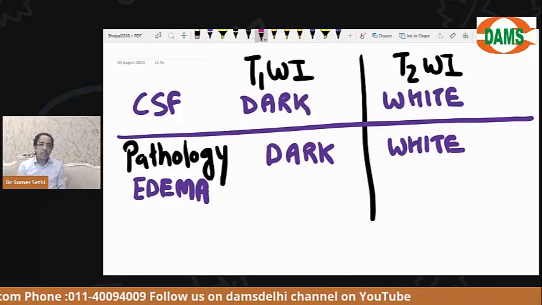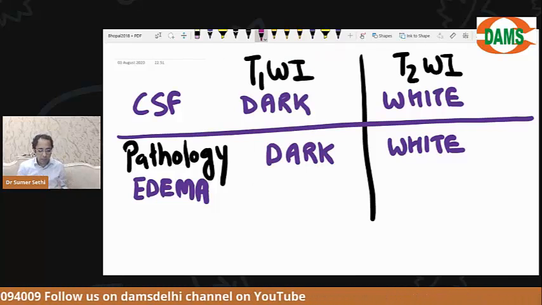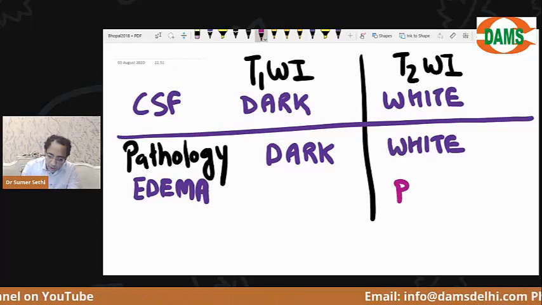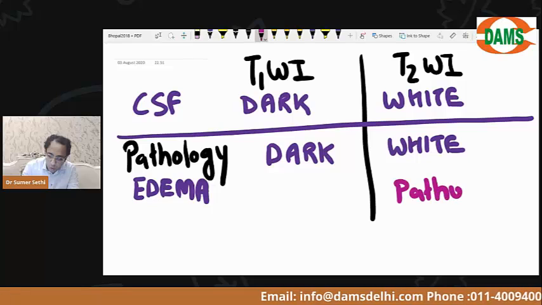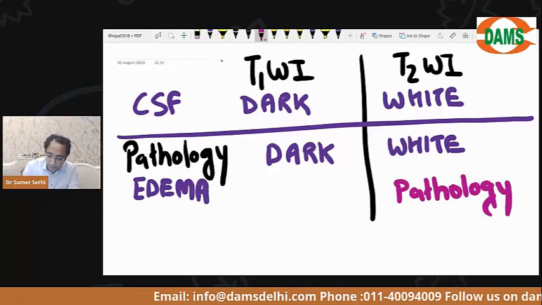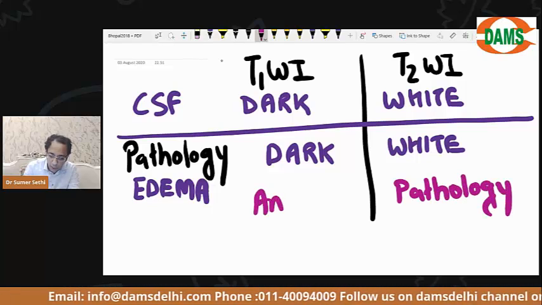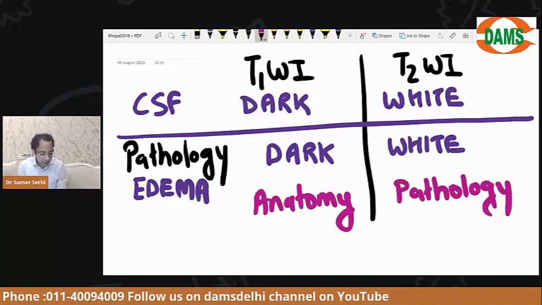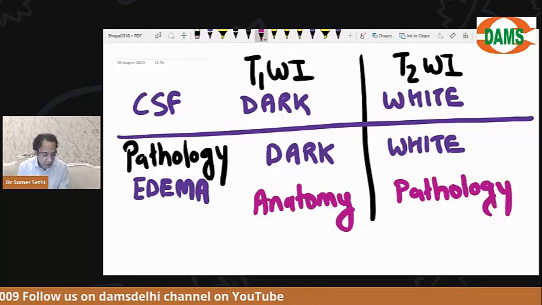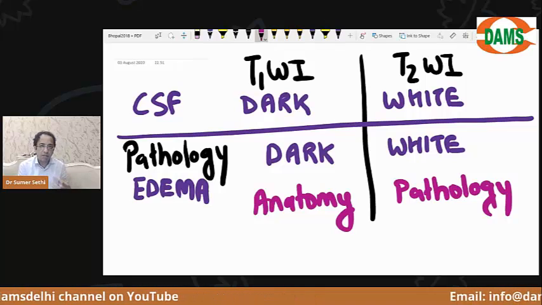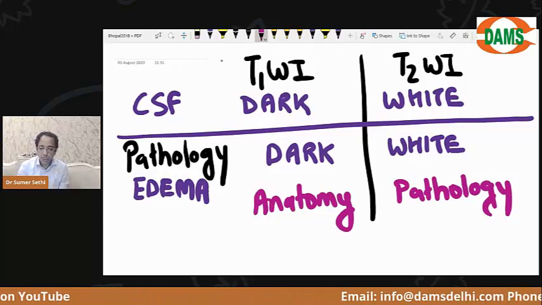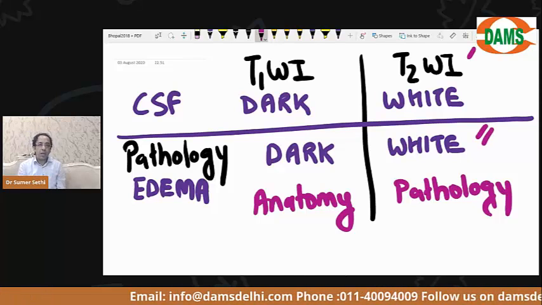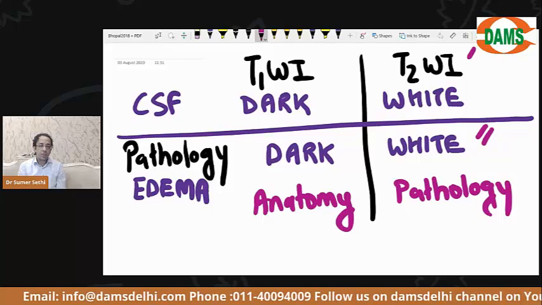Any disease in the brain or for that matter in other body parts, the pathology is easier seen on T2 weighted image, while the normal anatomy is better seen on T1 weighted image. Because it is easier for us to see white, disease is easily seen on T2, while the normal anatomy is seen on T1.